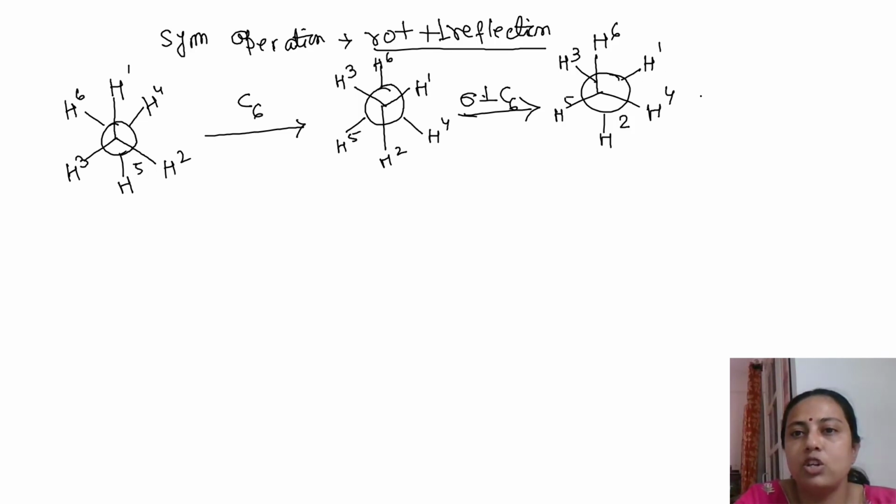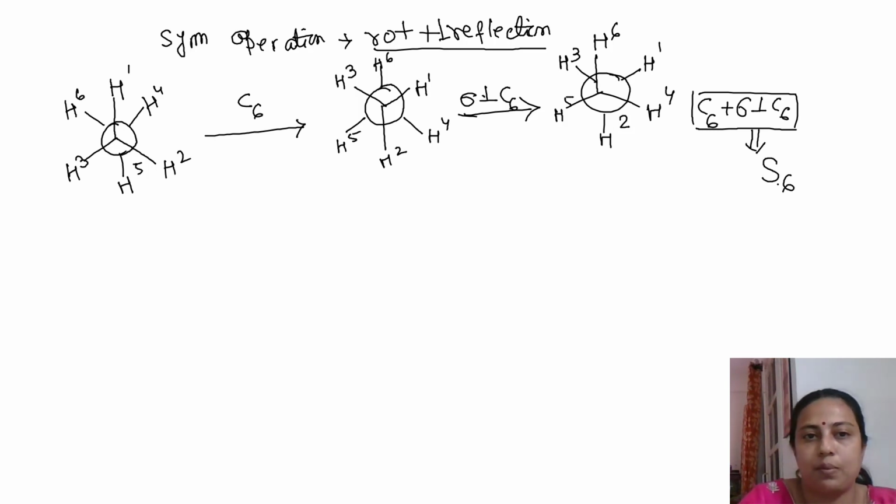This combination of C6 and then perpendicular sigma is a symmetry operation because it produces a structure similar to the original one. So we will call it S6.